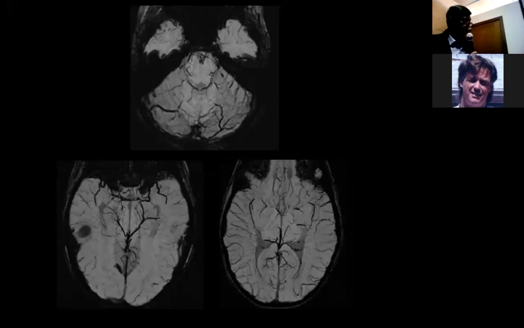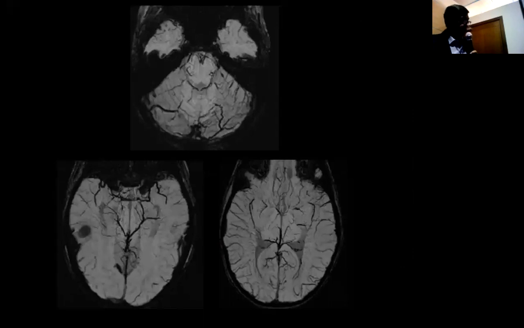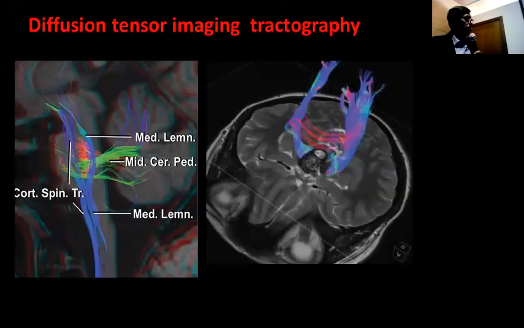So here you can see the vein of Rosenthal, the start of the central veins, in terms of the cerebral veins and so on. A new development in MRI, now our radiologist would agree, is diffusion tensor imaging or tractography, where you can see the long tracts. You'll see the medial lemniscus, you'll see the corticospinal tract, in 3D.